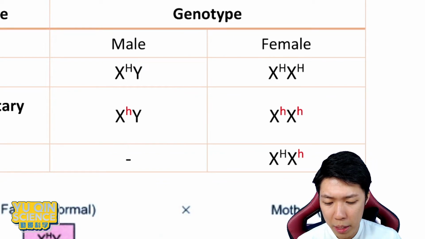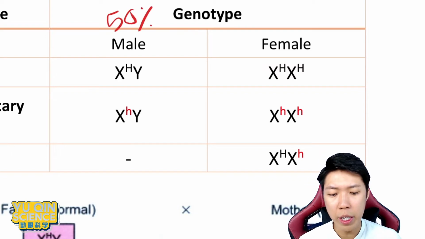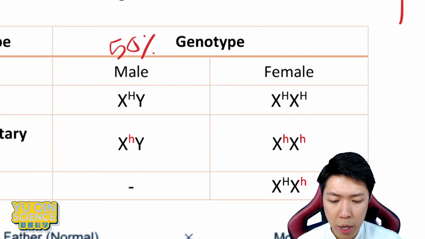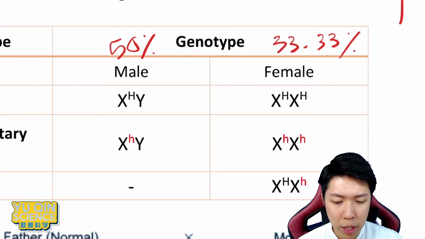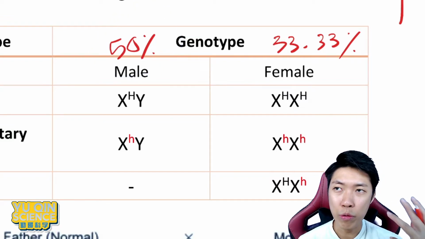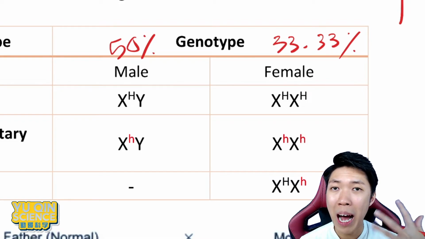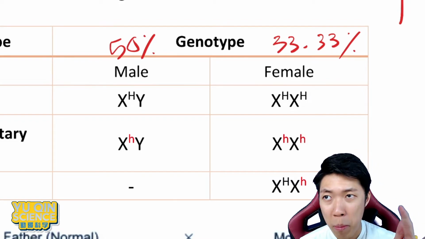Because if you do the maths, it will be 50% for male. If you do percentage for female, it will be 100 divided by 3, so 33.33%. So isn't that a higher percentage? But my point here is not to prove to you it's 50% or 33%. My point here is to tell you why it's a higher percentage for male.